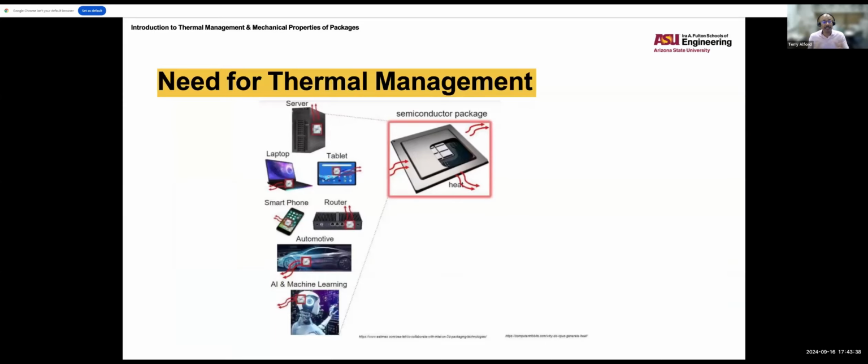Okay, so why do we have a need for thermal management? Well, again, let's look across length scales, but not at the transistor length scale, but at the actual application length scale. We have servers, which are very demanding, laptops, where you have some cooling, tablets, even a smaller footprint. And so you're going to have challenges about getting this heat out.